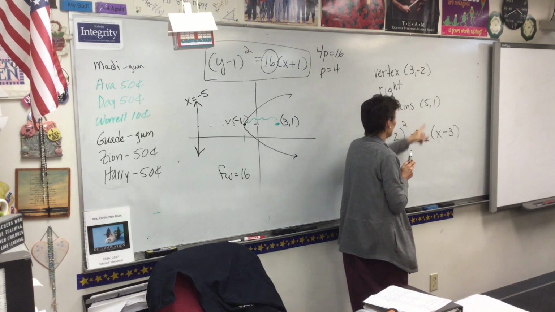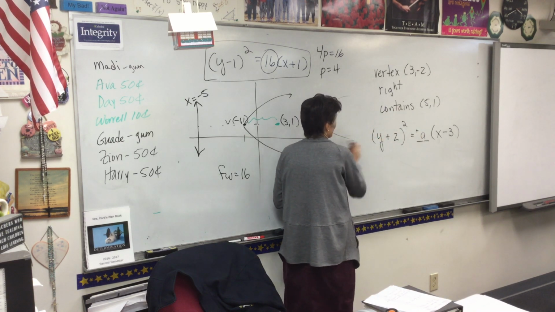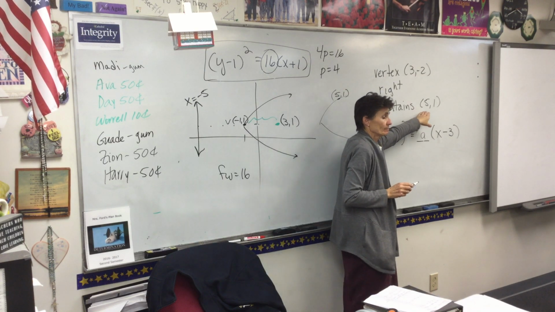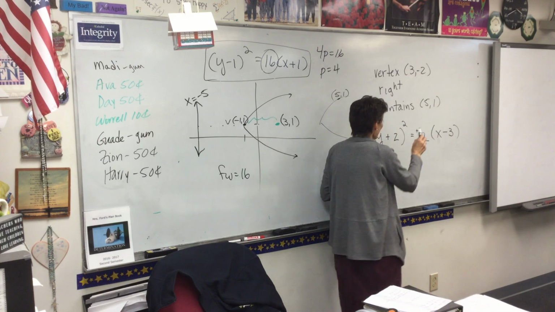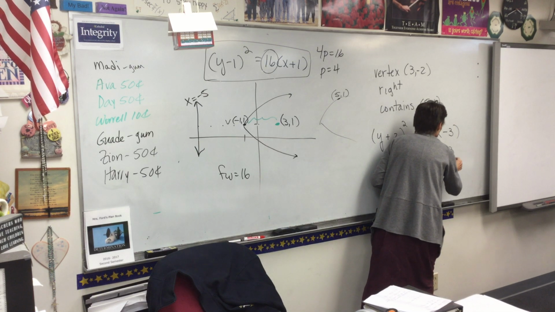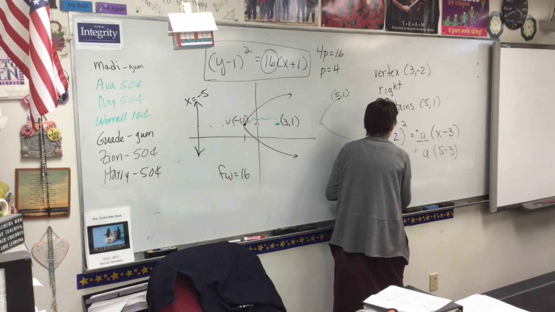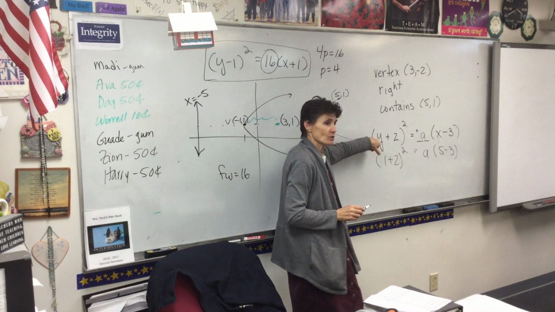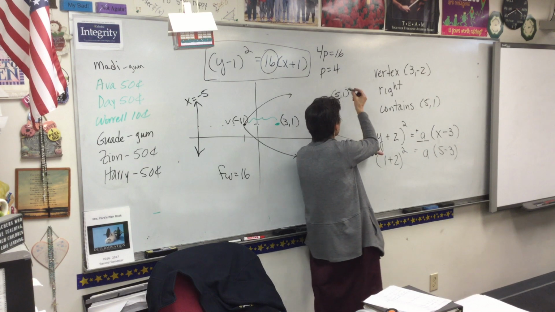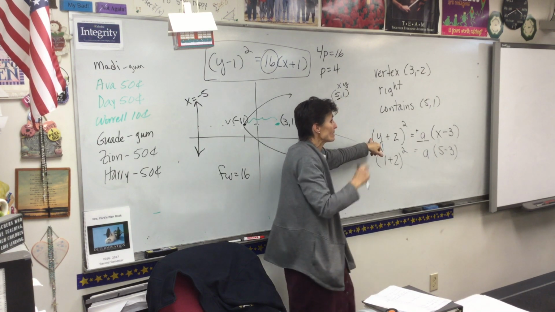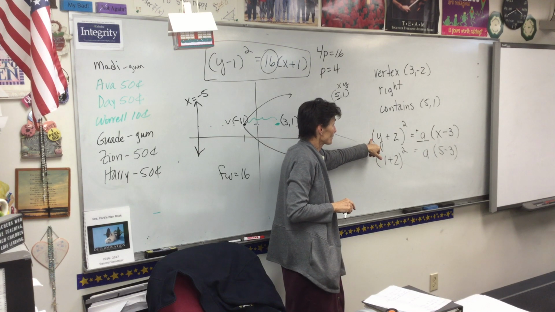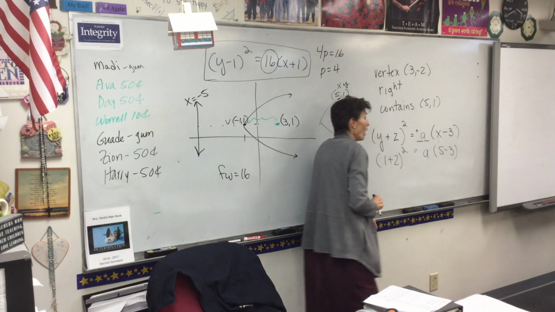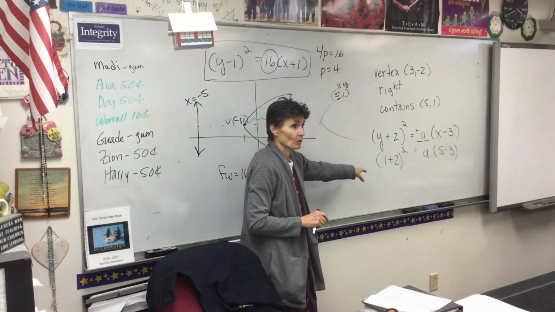But I do know that when I draw this parabola, the point (5, 1) is on it. So if x is 5, then y has to be 1. Do you see what I'm doing? Here's my equation so far, but I know that that point is on the equation. So if I put 5 in for x and 1 in for y, that equation has to work.